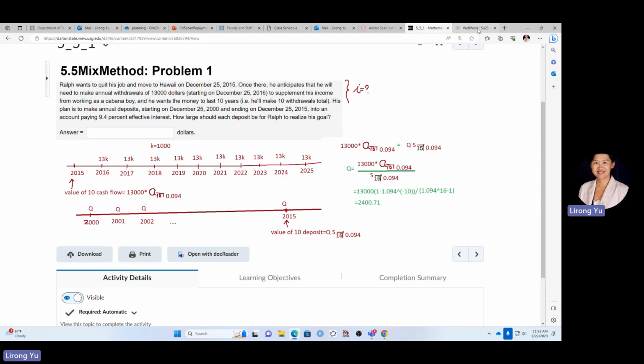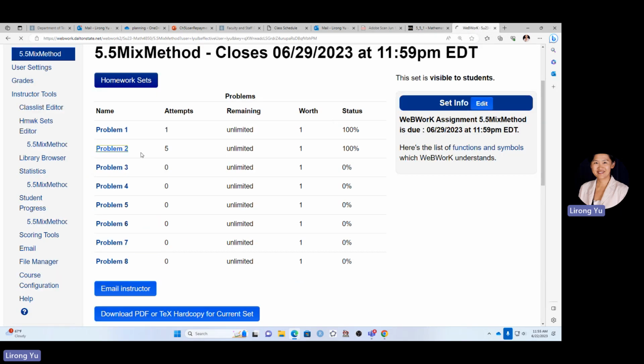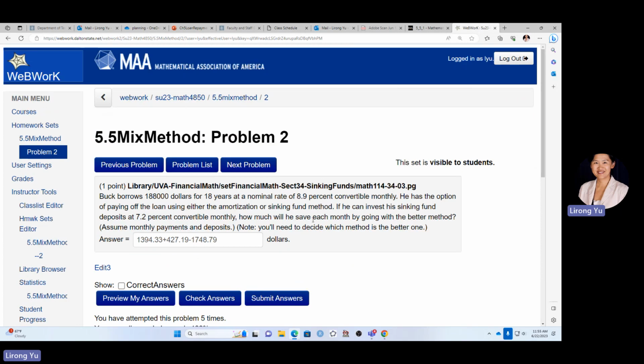For the second question, it involved trying to compare and understand the differences between the amortization and sinking fund methods. These are two different methods. Amortization is where you're paying the principal and the interest at the same time. For each payment following a previous payment, you always figure out how much interest there should be.